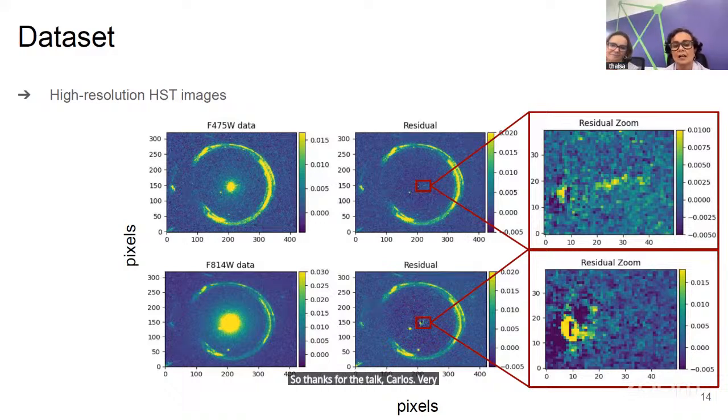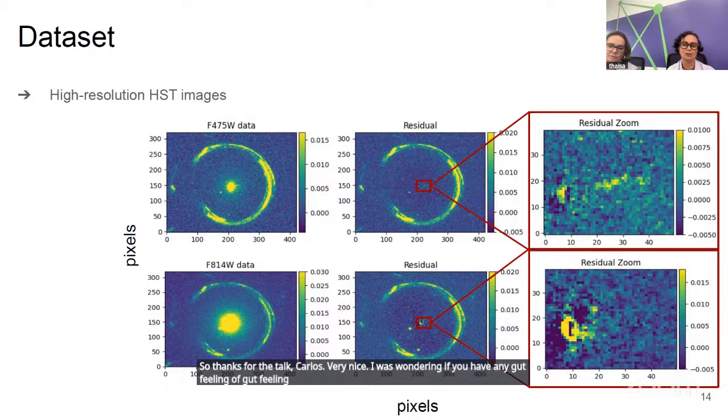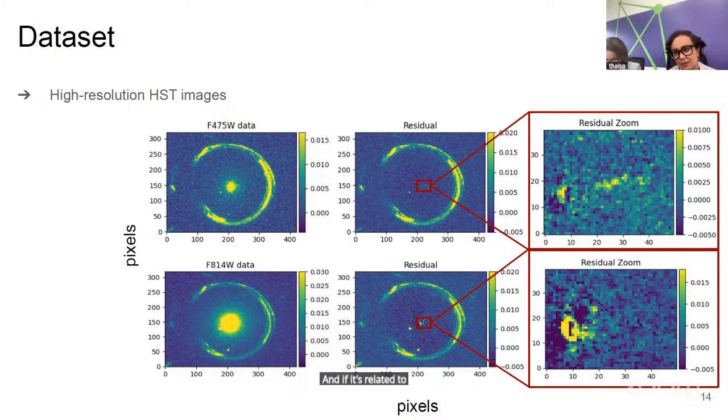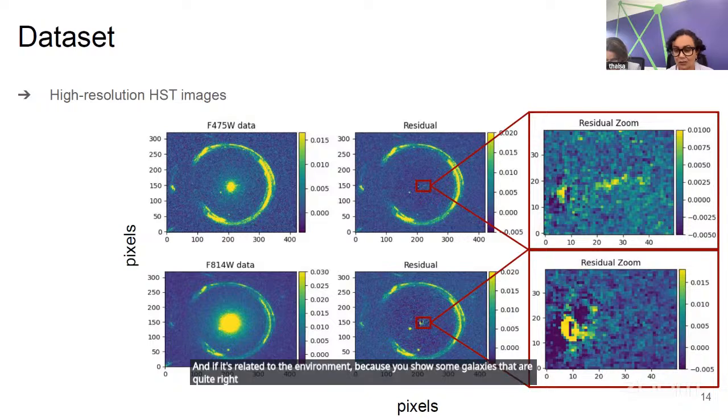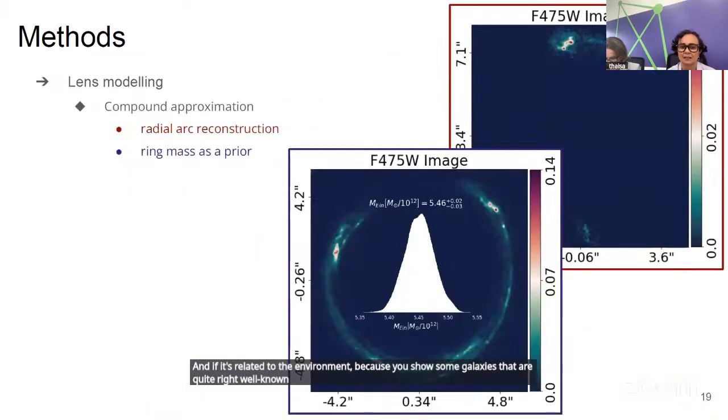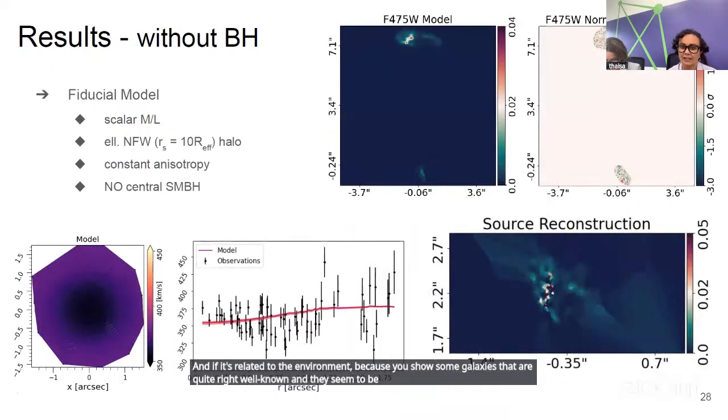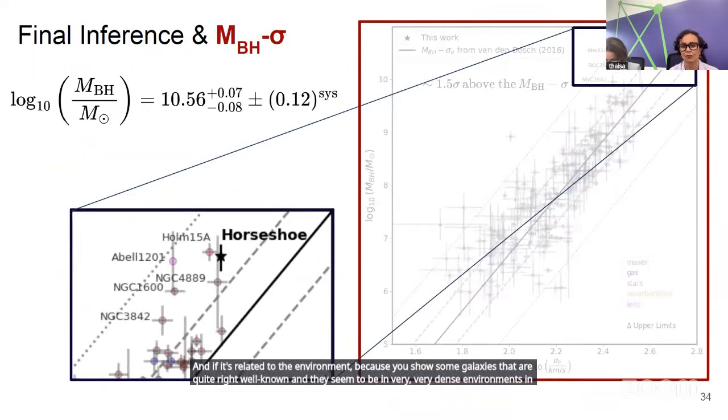I was wondering if you have any gut feeling of what are the processes that will give the birth of such, or the preferred processes that would bring about such a supermassive, ubermassive black hole, and if it's related to the environment, because you show some galaxies that are quite well known, and they seem to be in very, very dense environments, in Coma, and these ones. Can you talk a little bit about that?